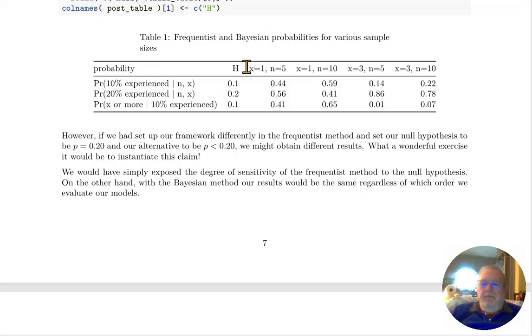Okay, so we have these different situations. We have low sample, high samples. Everybody's going to say academic journals and say, you didn't draw enough samples. Right? Okay, fine. Okay, I didn't draw enough samples. Okay. So here's the probability. 10% experience given nx. You can compute this.